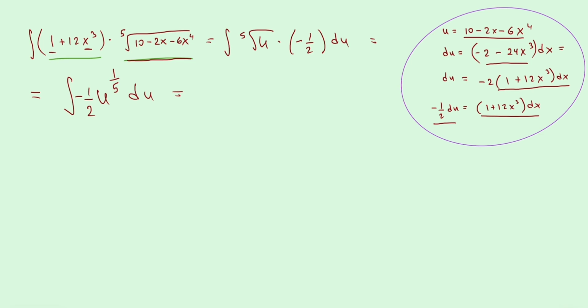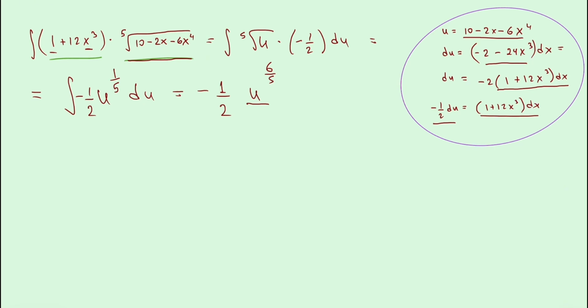Now this is something we could integrate easily, and we're going to get negative 1/2 u to the 1/5 plus 1 power, which is 6/5, divided by 6/5, which is going to be the reciprocal of that, which is 5/6. So we could write the 5 here, 6 here, and this is the integral.